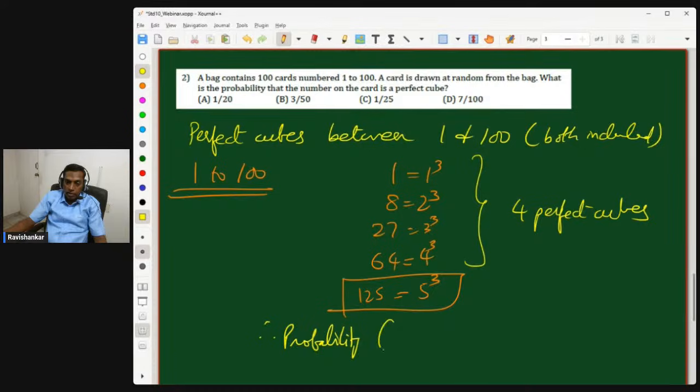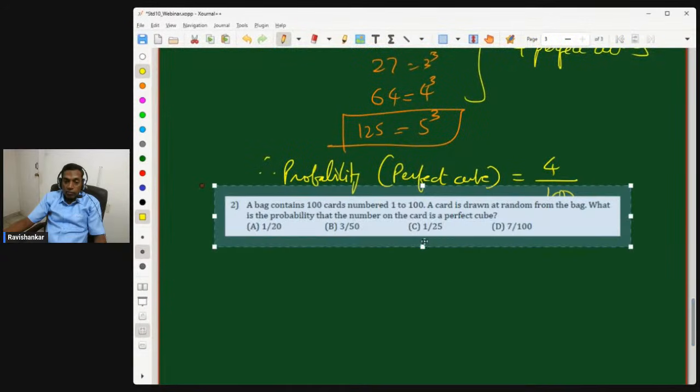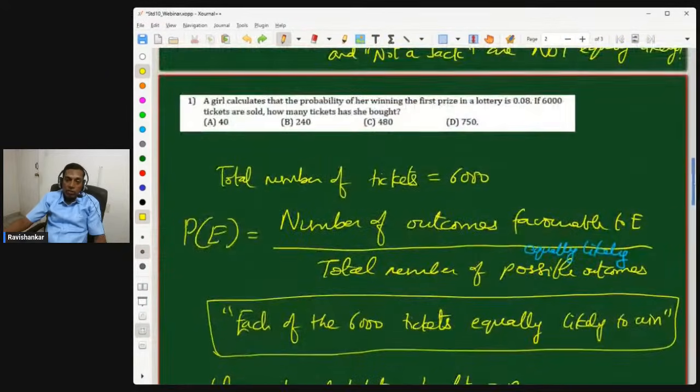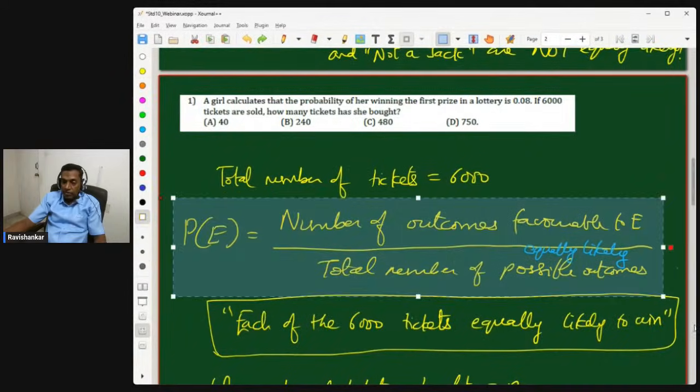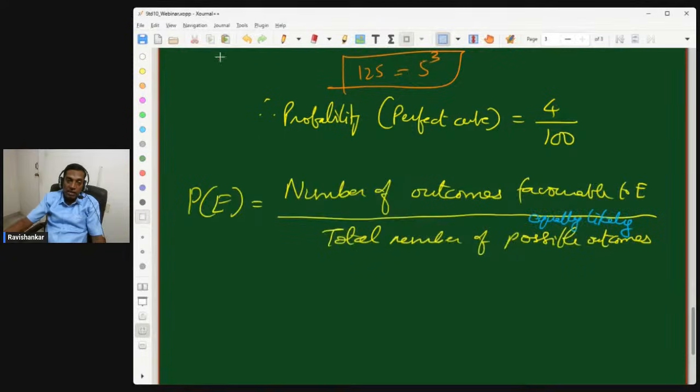Therefore, the probability of a perfect cube is 4 by 100. Why 4 by 100? Each card is equally likely to be picked. Please remember the formula for probability, and we should always keep this in mind: the number of outcomes favorable to E by the total number of possible equally likely outcomes.